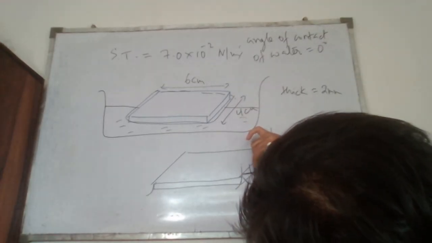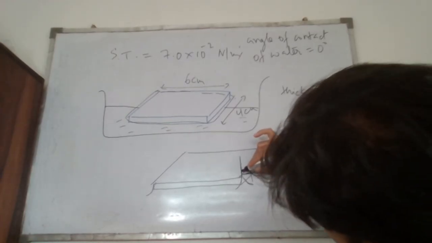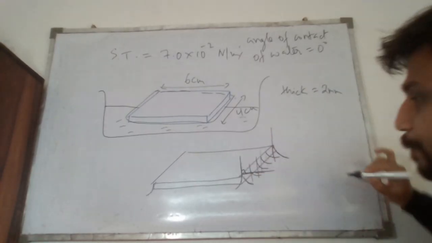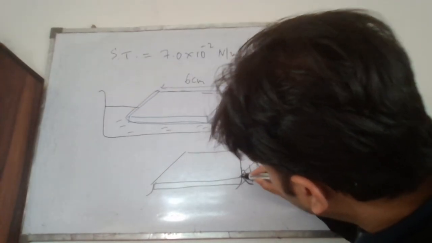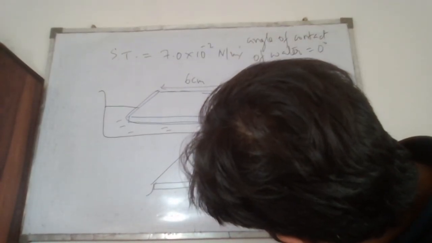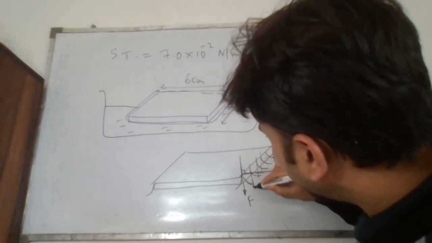So the normal and the direction of force of surface tension are making an angle of 90 degree. The surface tension force just acts vertically like this.